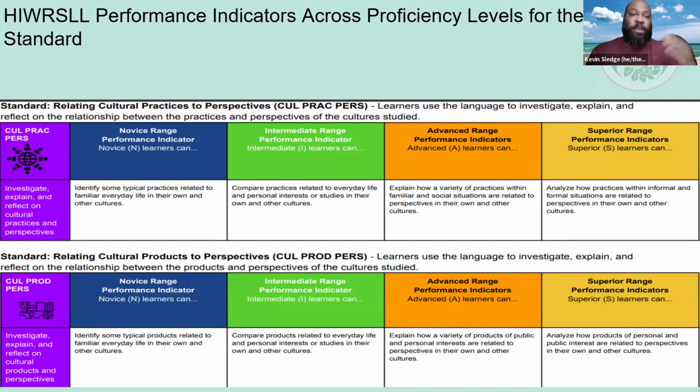This is what we're looking for them to be able to do at certain levels of learning. And so you can see there that each of these proficiency levels, novice range, the intermediate range, advanced range, and so on, have different indicators, different things that students should be able to do at the level indicated.